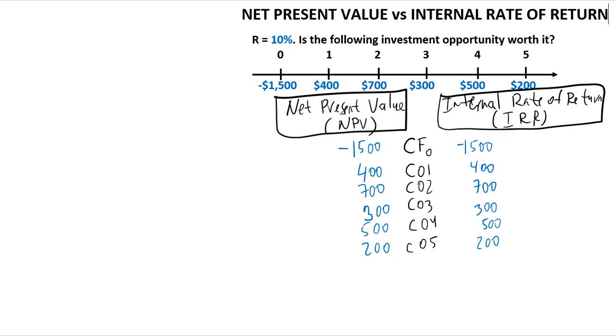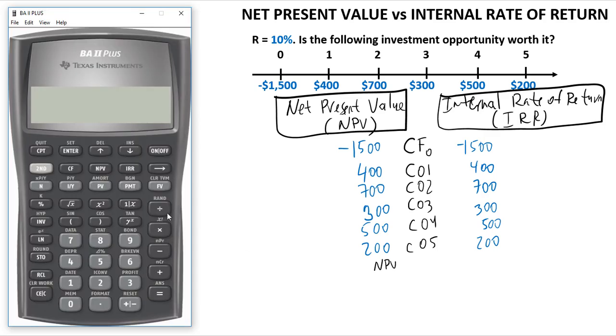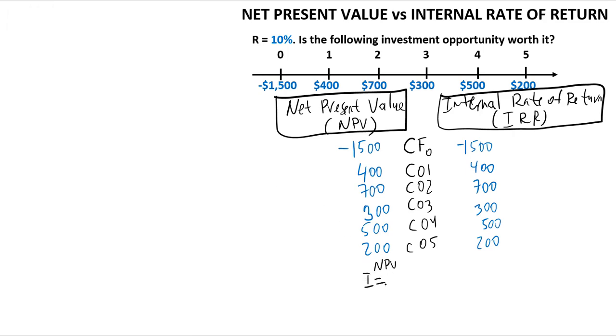What's going to be different is what you put at the end after entering all these numbers. In the NPV case, you will then press the NPV button, which is right here, second row in the middle of your calculator. It's going to ask you for the discount rate, and you put the number that is given, 10%, a typical annual return for investments like this one, maybe by other companies, and then you press compute.